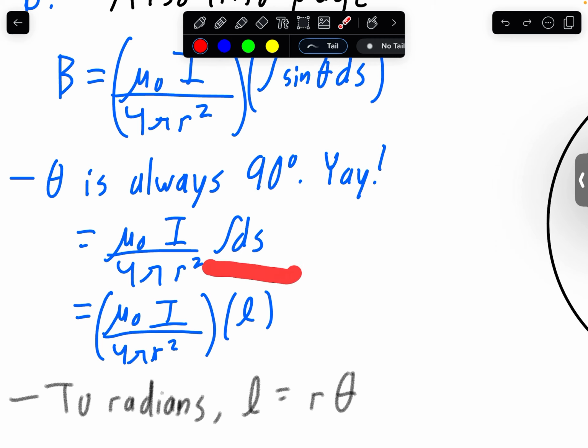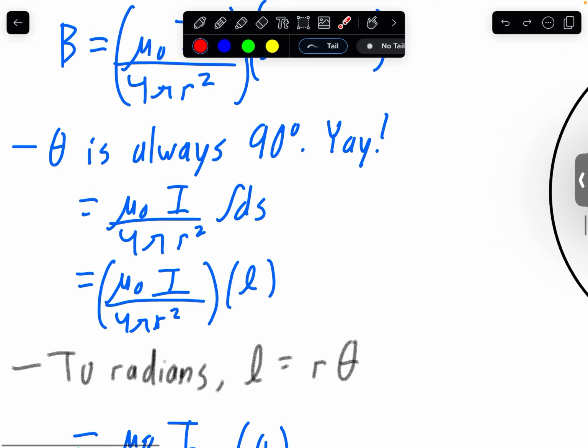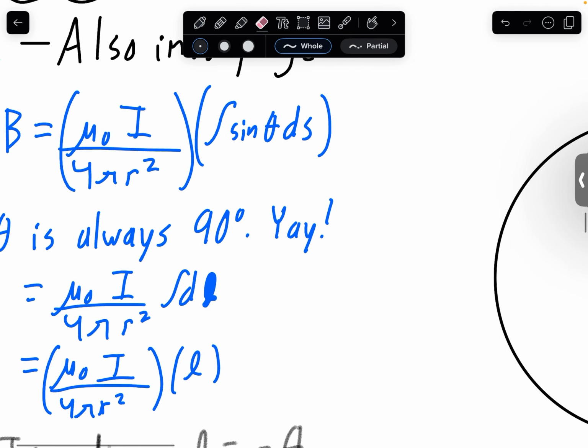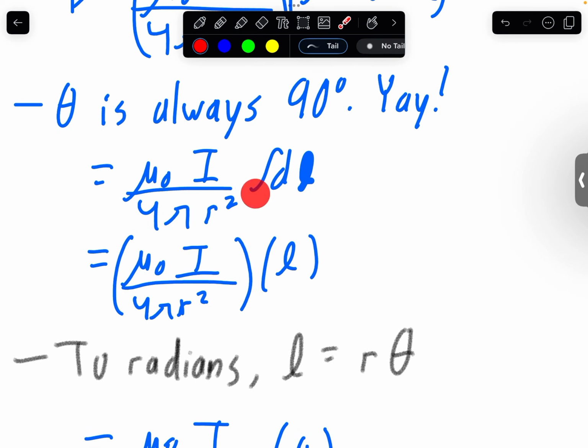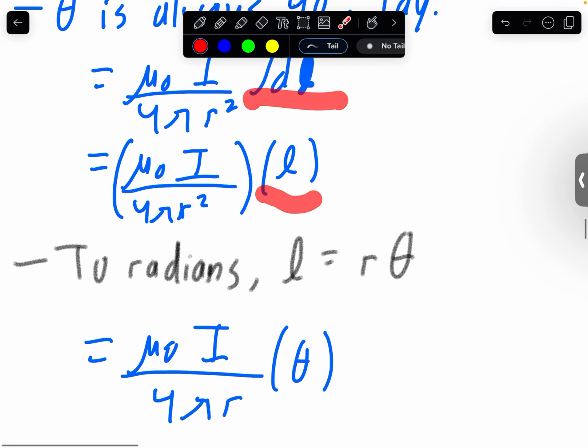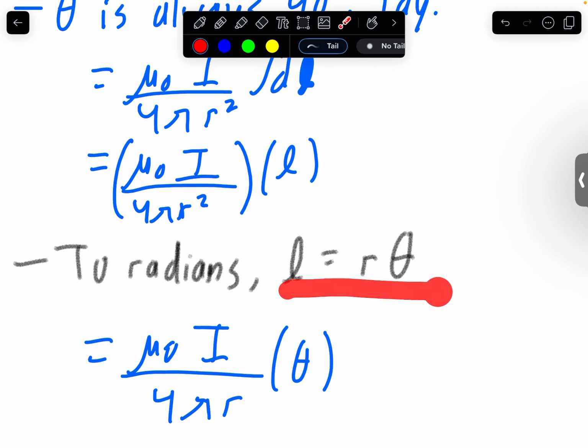So now we're just left with the integral of ds, you call it ds, but I like dl just because we use L for length. Maybe there's another reason why you use ds, but I think for me it's easiest to just use dl. So we integrate that for L, and with radians, length equals r times theta.